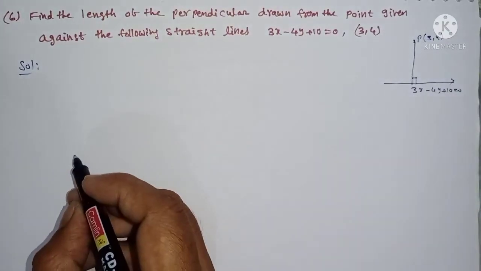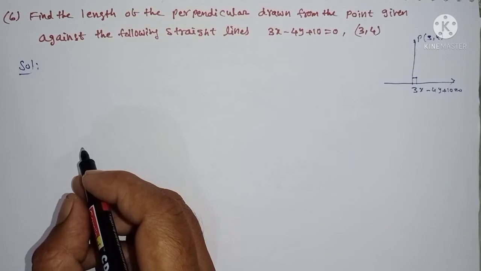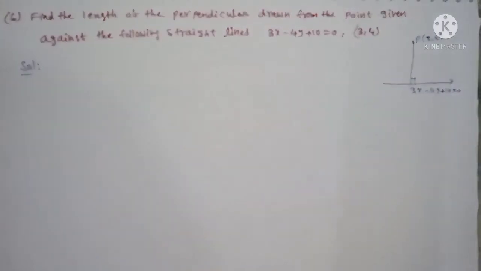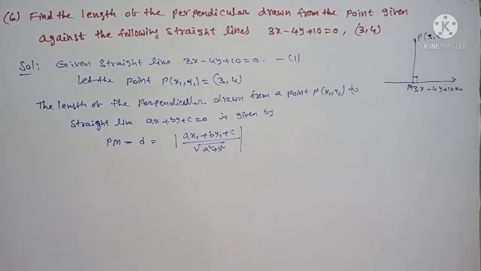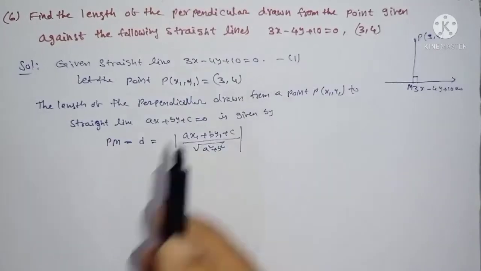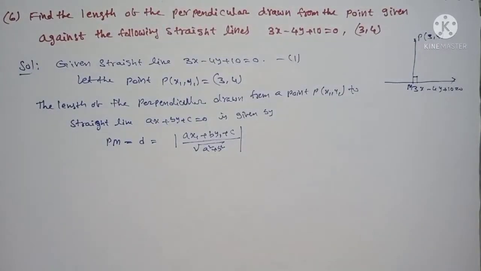Therefore you can find the foot of the perpendicular, the formula for D. What is the formula? You can observe here. The given straight line, I am writing 3x minus 4y plus 10 is equal to 0, and the given point is 3, 4. What is the formula?